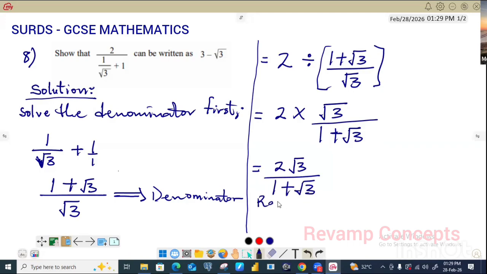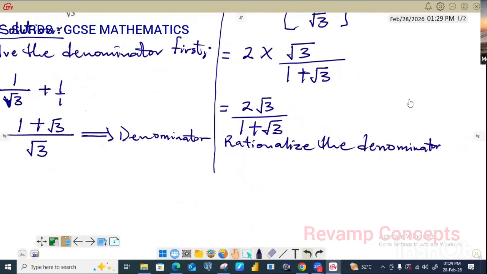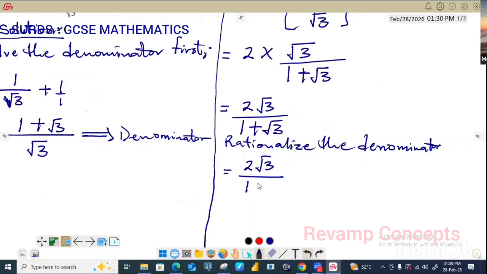We are going to rationalize the denominator again here to get our final answer. So we are going to have 2 root 3 over 1 plus root 3 multiplied by 1 minus root 3 over 1 minus root 3.